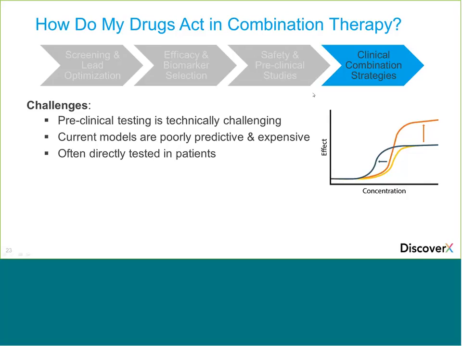It's technically complex to test these combination therapies. Xenograft models that exist have, again, been very valuable for a variety of studies, but are often poorly predictive of how these combinations may perform in humans, and tend to be quite expensive, especially when looking at broader applications of these for a variety of different combinatorial approaches.